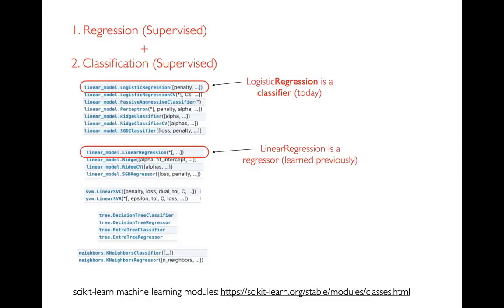Very confusingly, what we're going to be learning now is called logistic regression, and it is not a regression. It's actually a classifier, right? So the name says regression, but it's a classifier. Don't get confused. Even though we're learning linear regression and logistic regression, I am teaching you a regression model and then also a classification model.